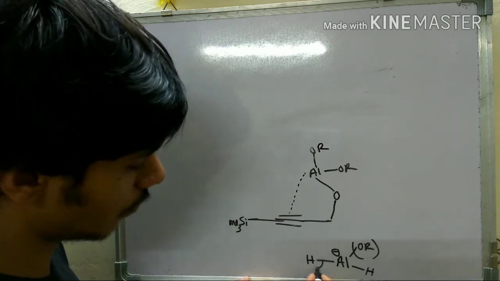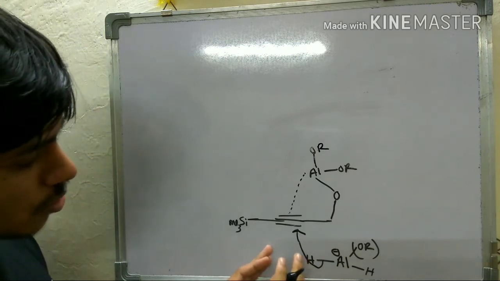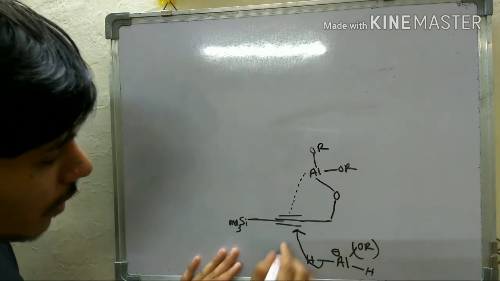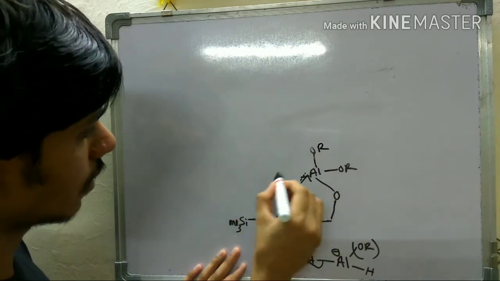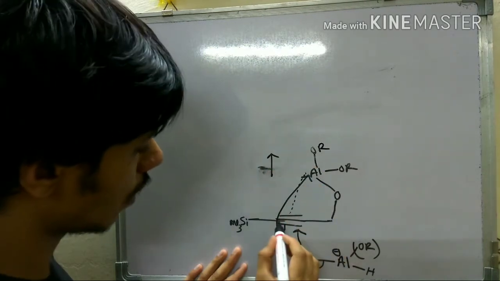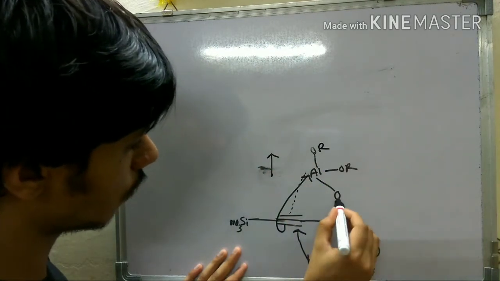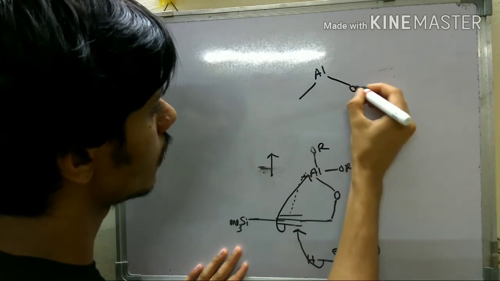Now this hydride will attack on this carbon atom. If it attacks on this carbon atom, this bond will go here, so you will get a 1, 2, 3, 4, 5, a five-membered intermediate like this.